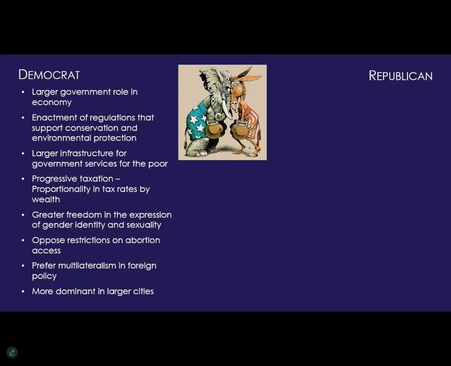As far as the Democratic platform goes, we'll see a desire for a larger government role in the economy, a desire for the enactment of regulations that support conservation and environmental protection, desire for larger infrastructure for government services for the poor, more progressive taxation where tax rates are proportional to wealth, greater freedom in the expression of gender identity and sexuality.